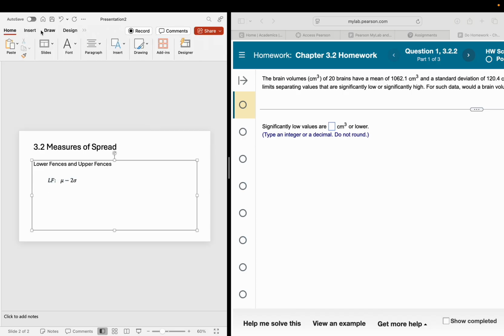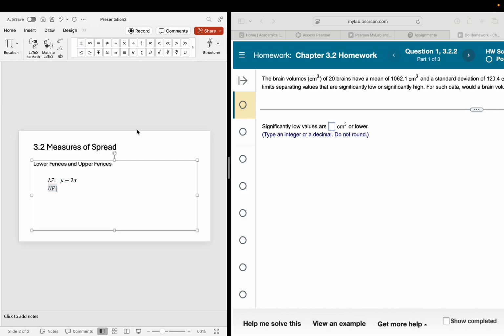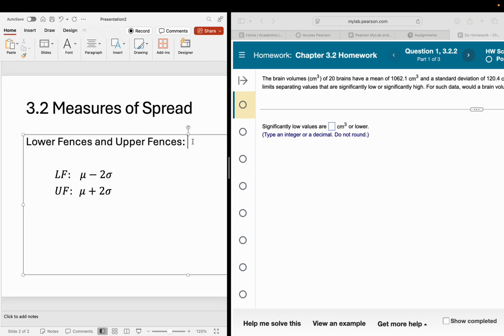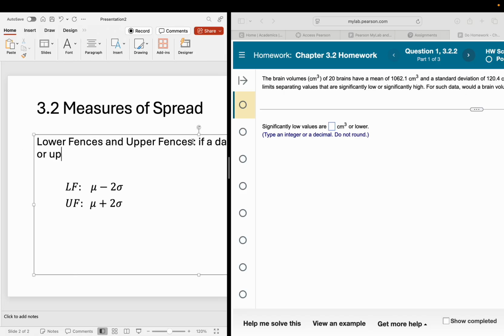I know that I'm writing that with very interesting letters there. My upper fence could be my mean plus 2 standard deviations. So I just introduced some new terminology for you. And remember, if a data point is outside of lower or upper fences, it is significant or rare.